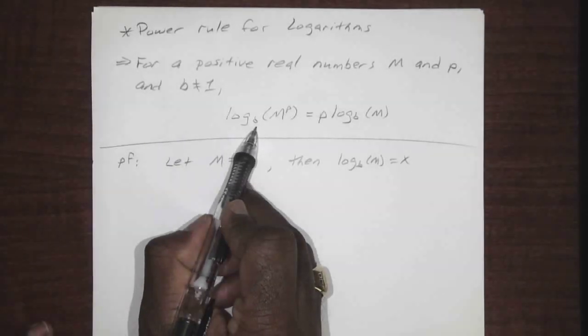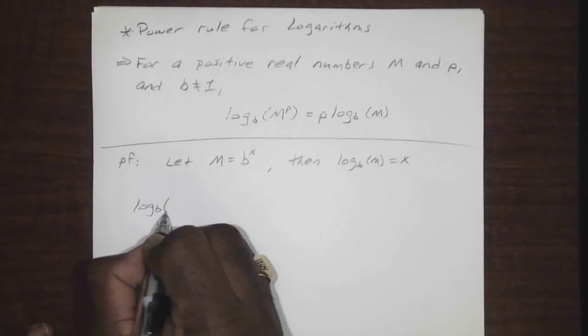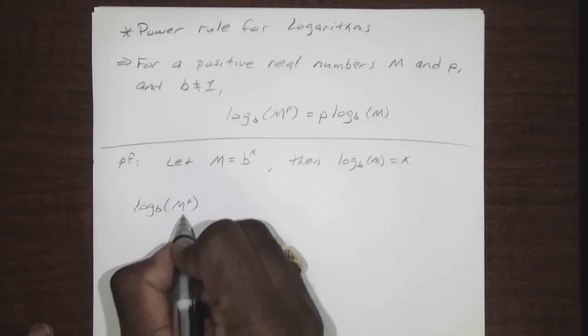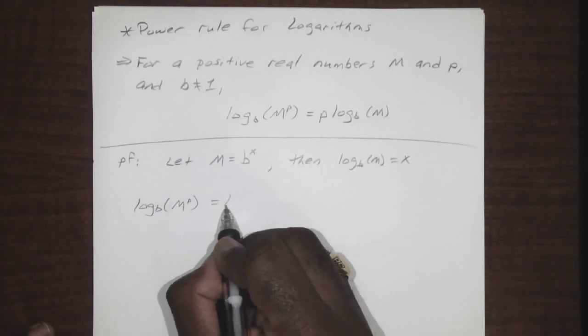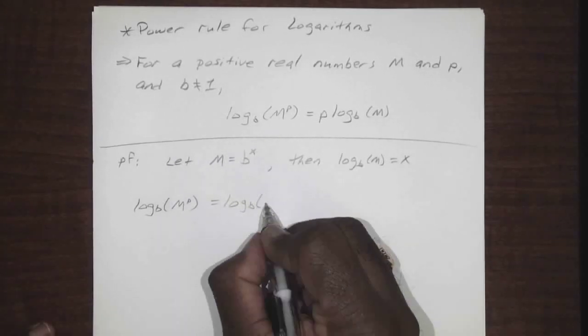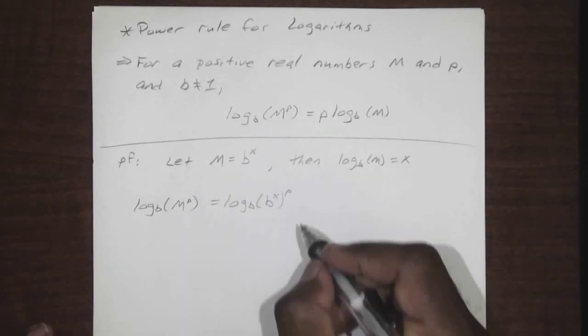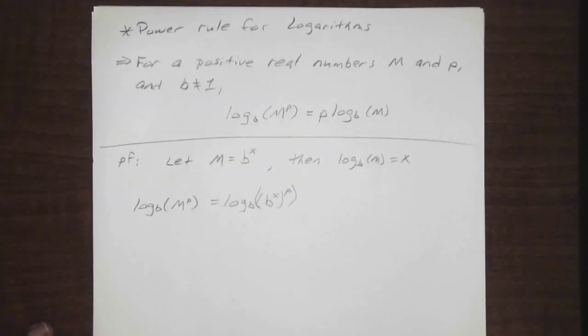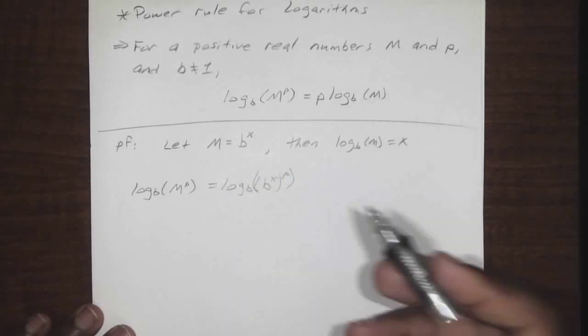So that means if we have our log base b of m to the power of p, we can replace that m, so it becomes log base b of b to the power of x, all to the power of p. So we can just go ahead and multiply those two together.